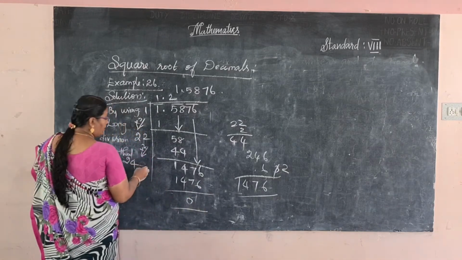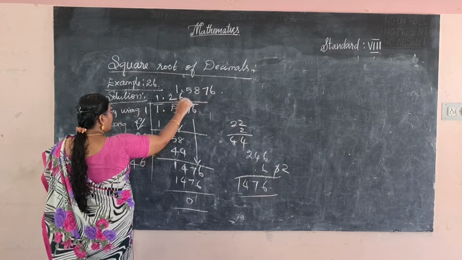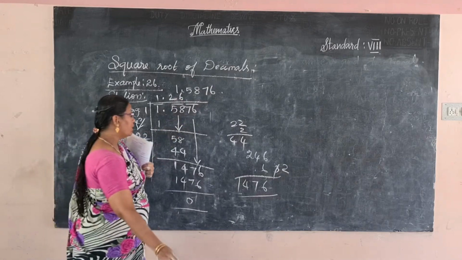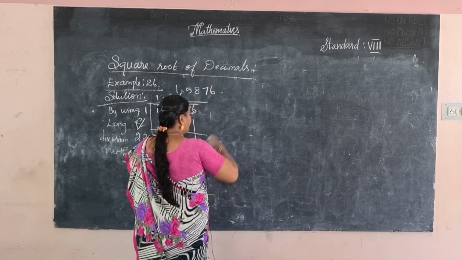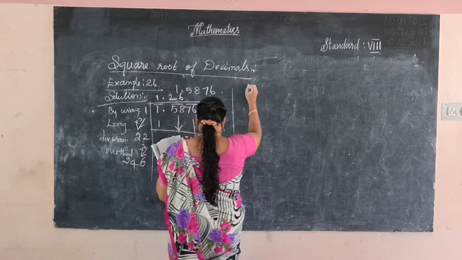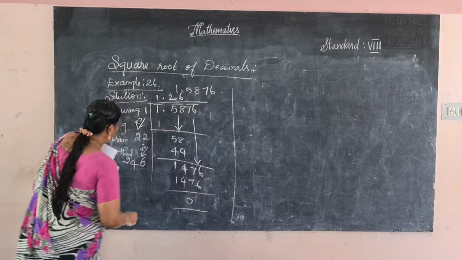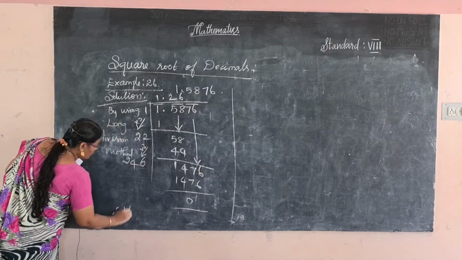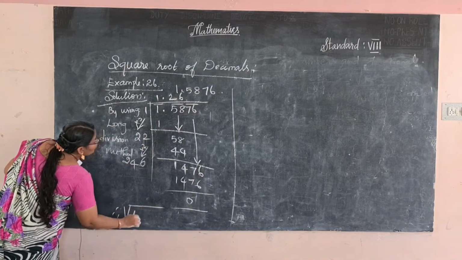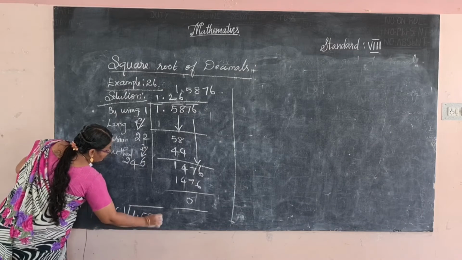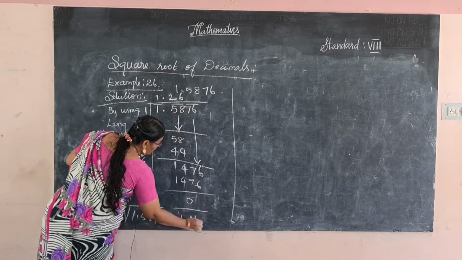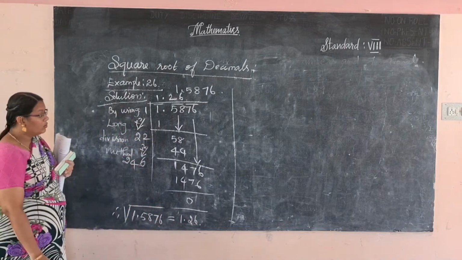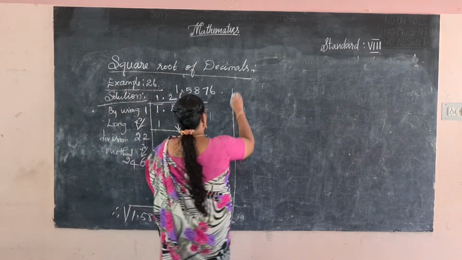The number multiplied by 6 will also multiply the quotient. Therefore the square root of 1.5876 is equal to 1.26.